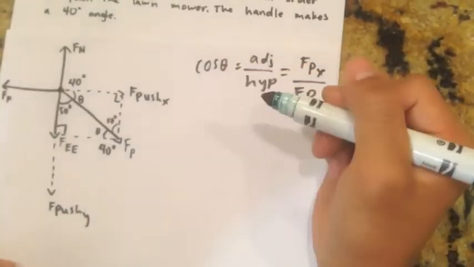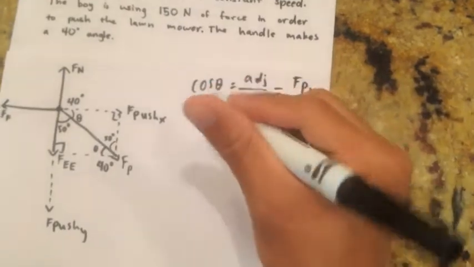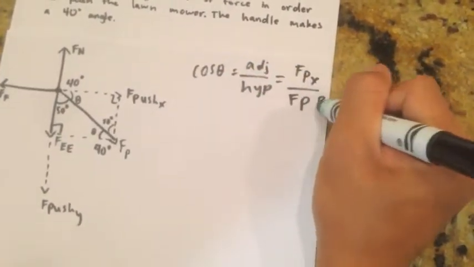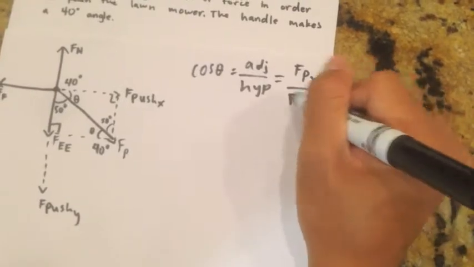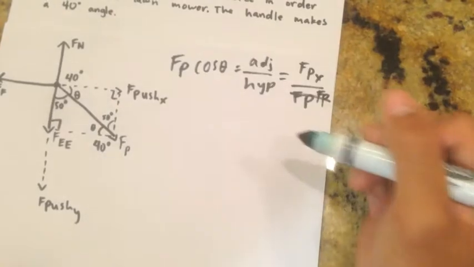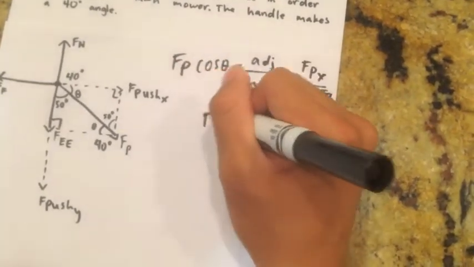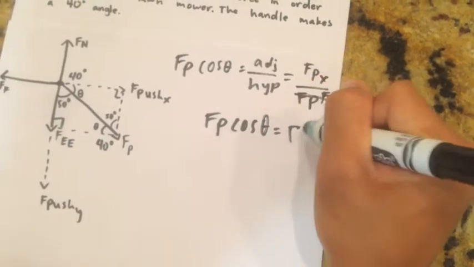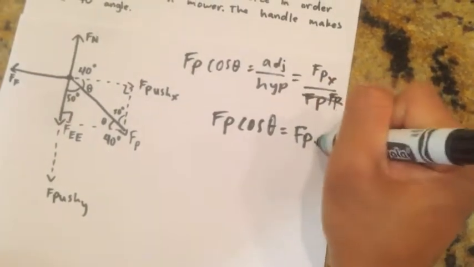To get force of the push in the x dimension by itself, we'll be multiplying force of the push on both sides, which will cancel right here, and we'll get force of the push in the x dimension by itself.